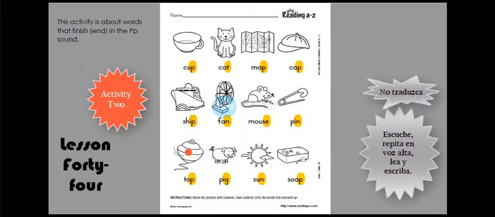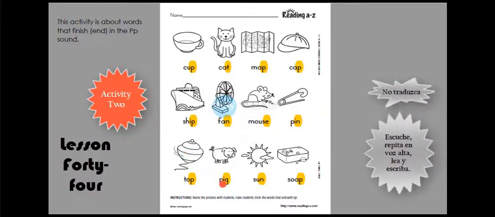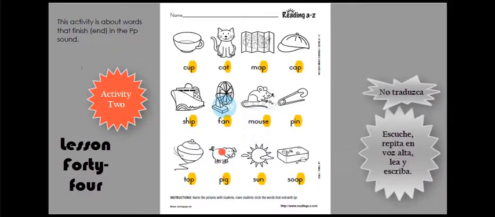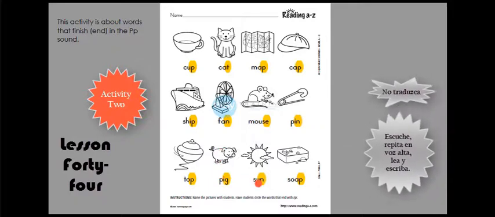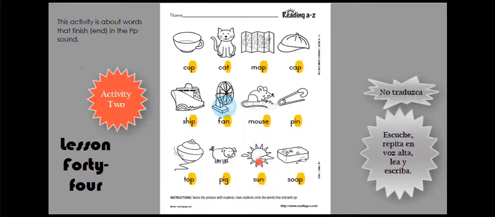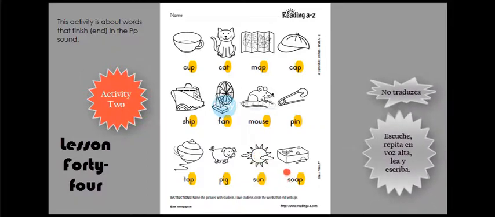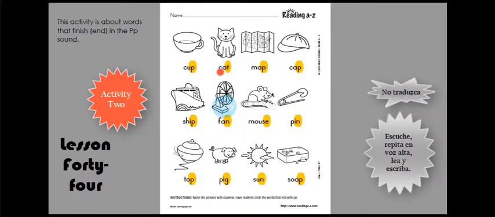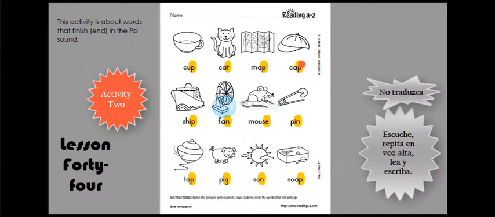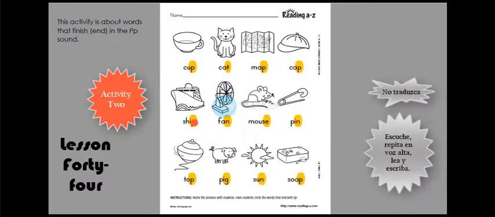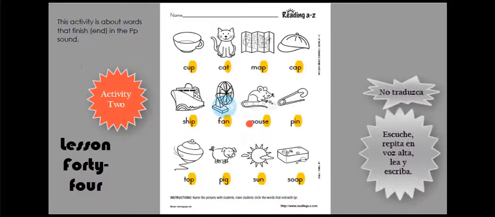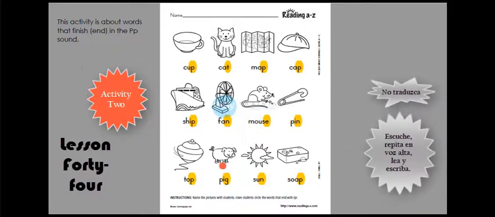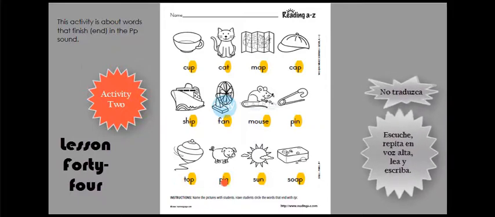This is a top. Pig. This is a pig. Sun. This is the sun. Soap. Here is soap. Let me say the words again. Cup, cat, map, cap, ship, fan, mouse, pin, top, pig, sun, soap.